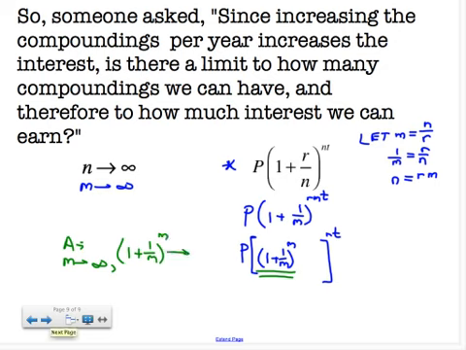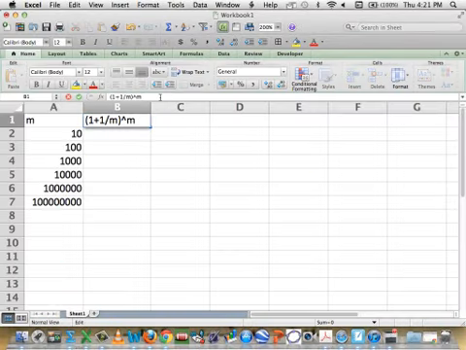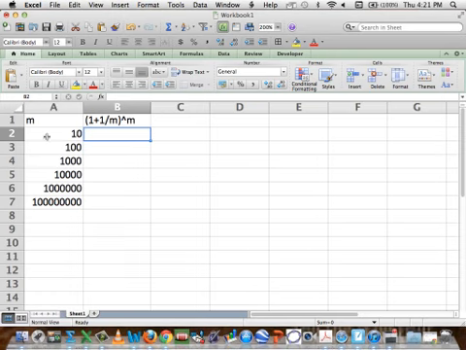And let's go to Microsoft Excel to explore that a little bit. Okay, so here I have in Excel 2 columns. Here's my values for M, which are increasing powers of 10, because I want M to get big, get close to infinity, so I'm going to make it gradually bigger.